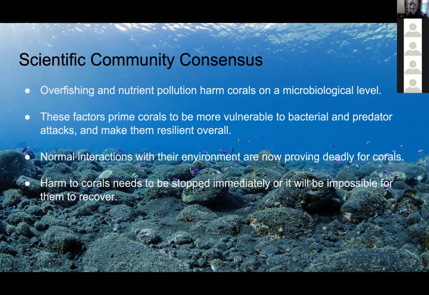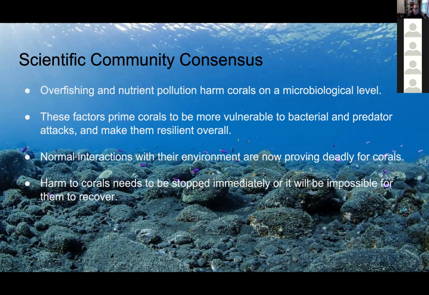So when a major player in this ecosystem is removed through fishing, or because their prey is removed through fishing, or their population explodes because their predator was removed through overfishing, this has an extreme domino effect on the entire reef.